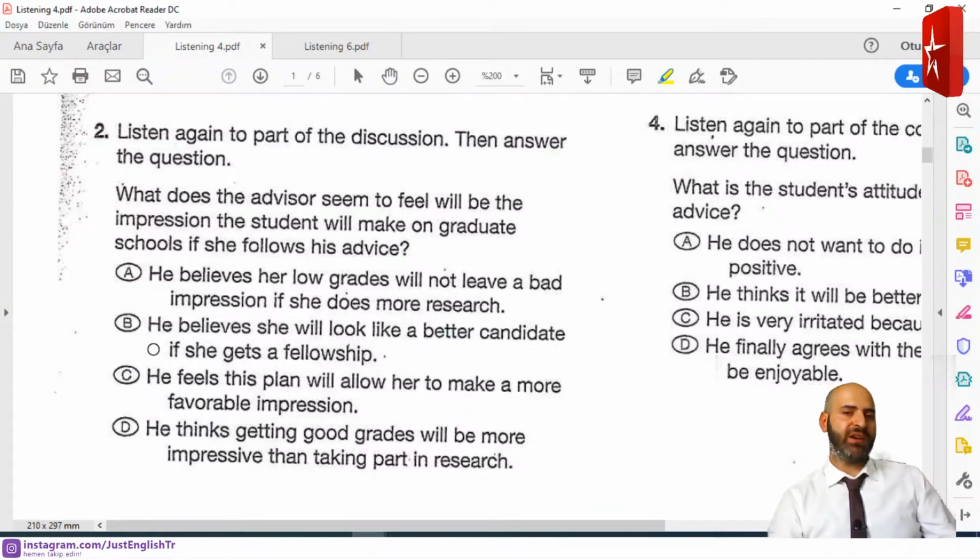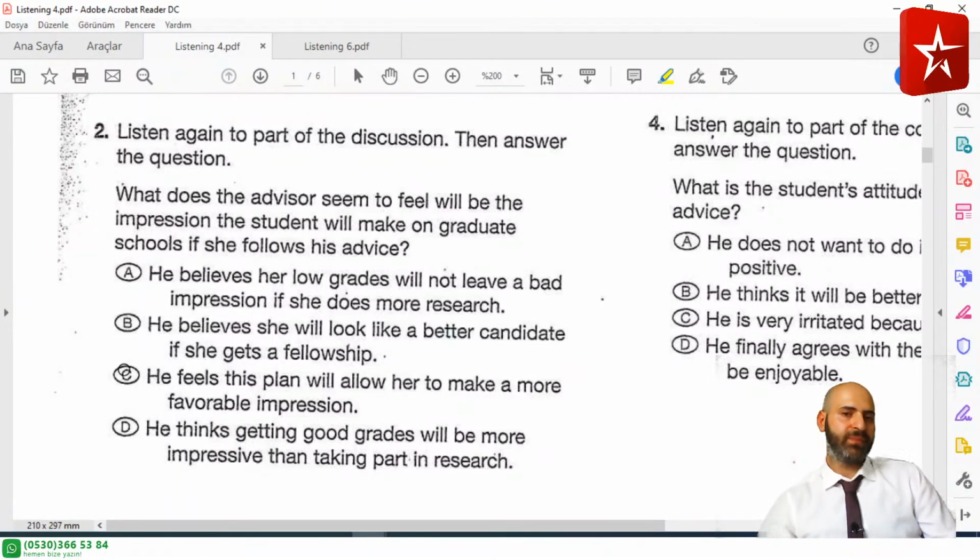B says he believes she will look like a better candidate if she gets a fellowship. Of course, they talked about fellowship a lot, and the professor says it will be good to get a scholarship, but also he said, whether you end up with a fellowship or not. So, if you get a scholarship or not, still the same.